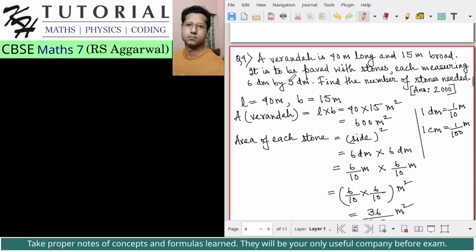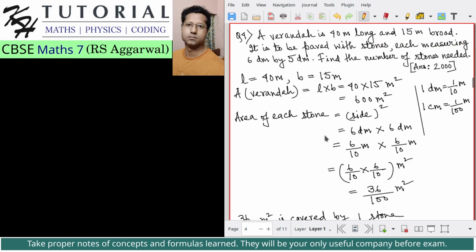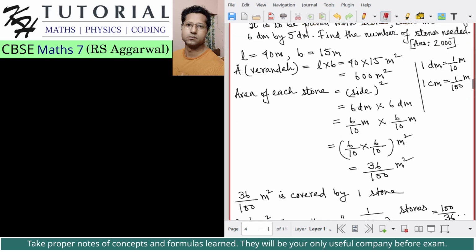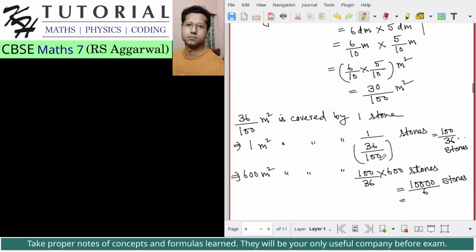Okay, so the area of each stone will be 6 dm multiplied by 5 dm. 1 decimeter is 1 by 10 meter, so we have 6 by 10 multiplied by 5 by 10, and this will be 30 by 100.